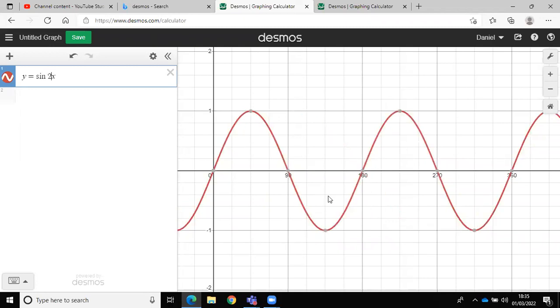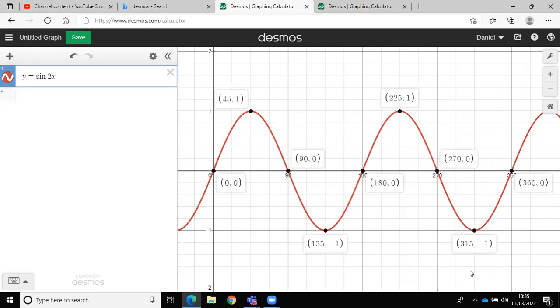The milestones for one full wave still start at 0, 0, but they've now compressed. So you get one full wave in 180 degrees, and then your second full wave between 180 and 360. So you've now got 2 full waves in that same period.